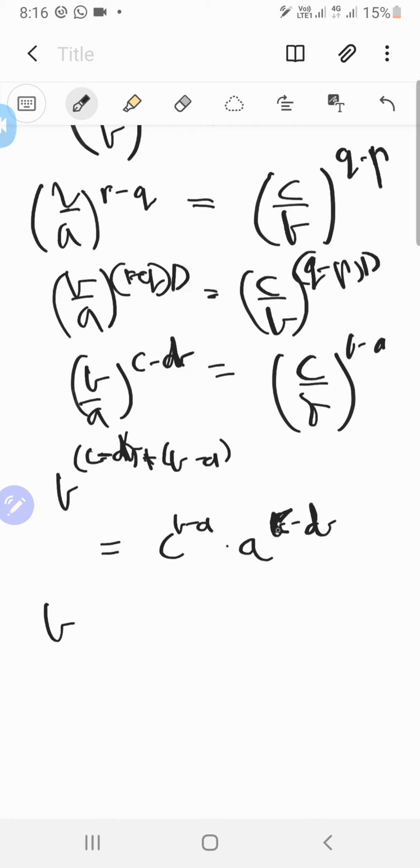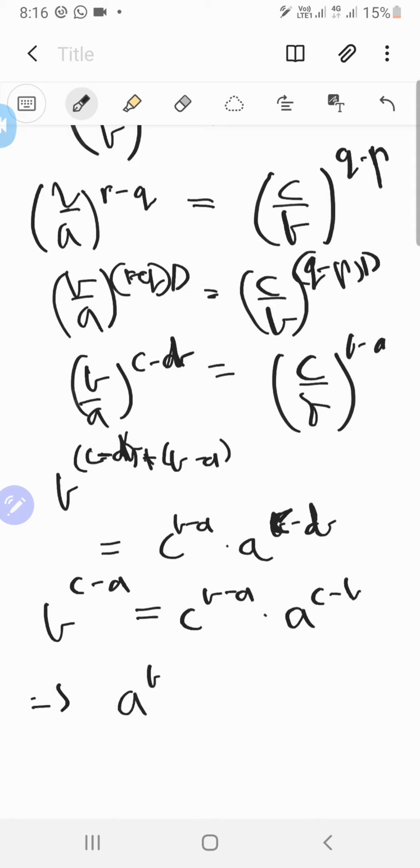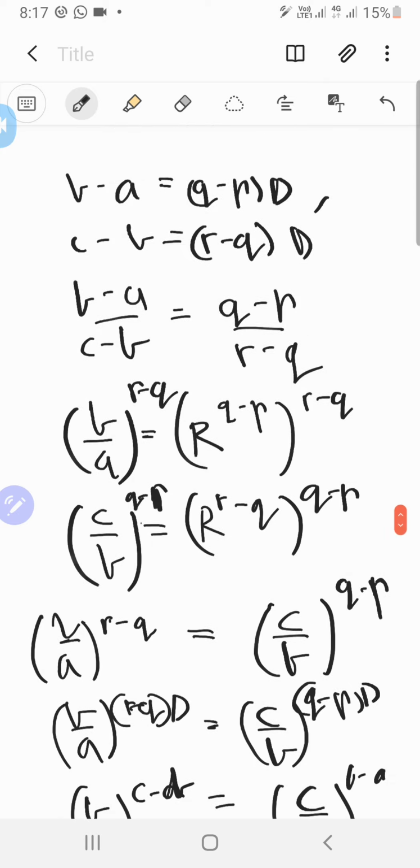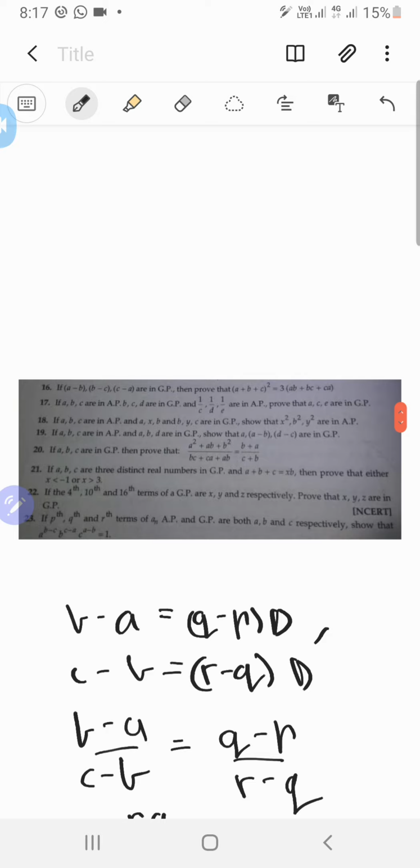Yes, that's more like it. So when you add this up, you just get b to the c minus a equals c to the b minus a into a to the c minus b, which can be written as a to the b minus c into b to the c minus a into c to the a minus b is equal to 1. That's exactly what we had to prove. Yeah, that's done. Sorry it took so long, but whatever.